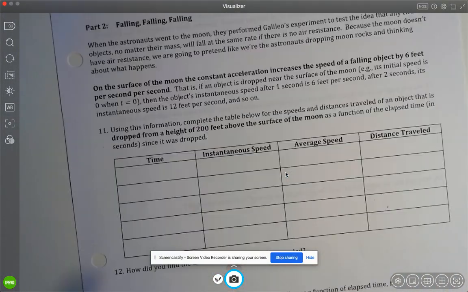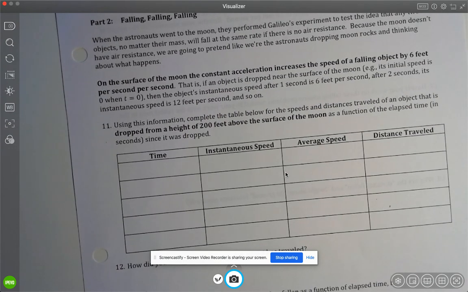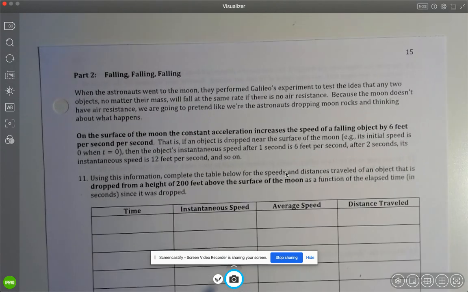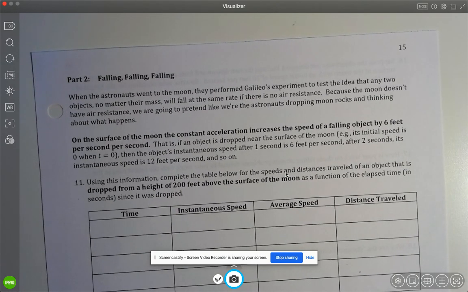So now, falling from the moon is a little bit different. When the astronauts went to the moon, they performed Galileo's experiment to test the idea that any two objects, no matter what their mass was, will fall at the same rate if there's no air resistance.